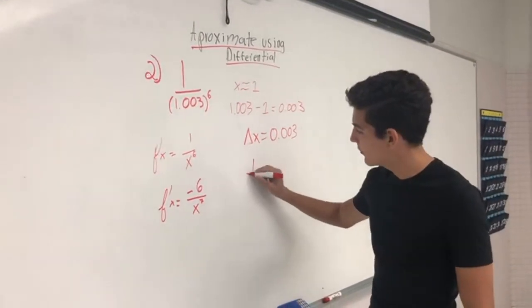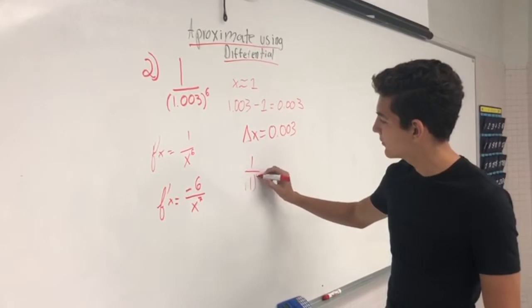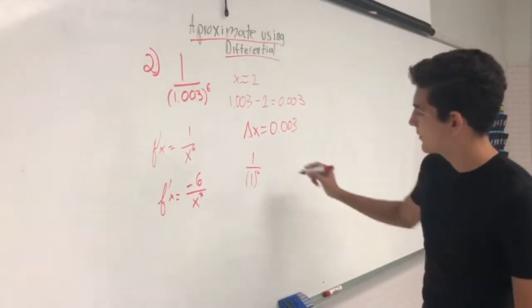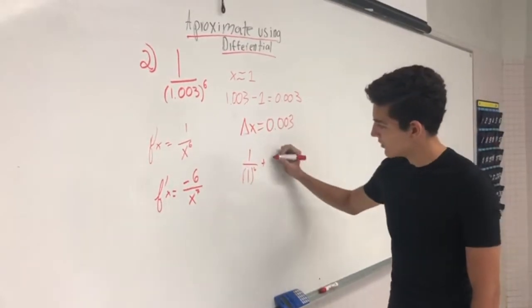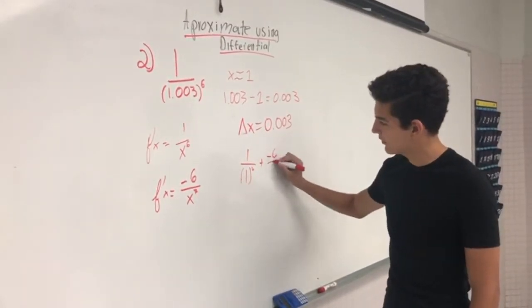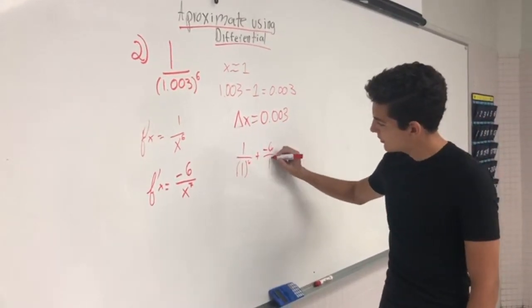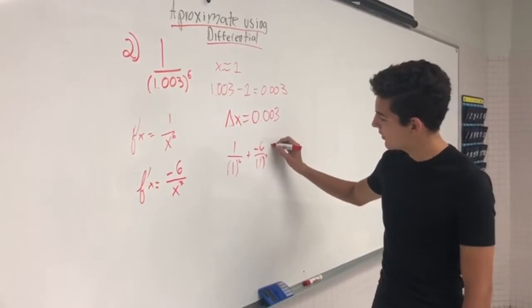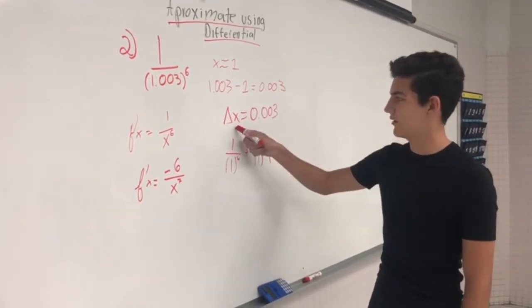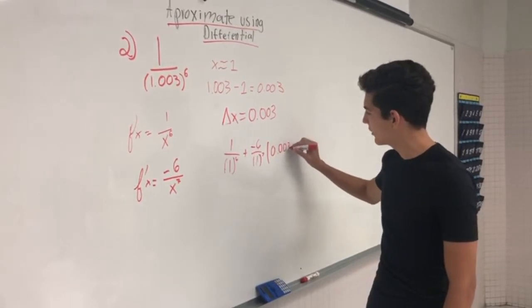So you have 1 over 1 to the 6th power plus the prime equation, that's negative 6 with the approximate x, that's 1 to the 7th power, all this multiplied by the delta x, 0.003.